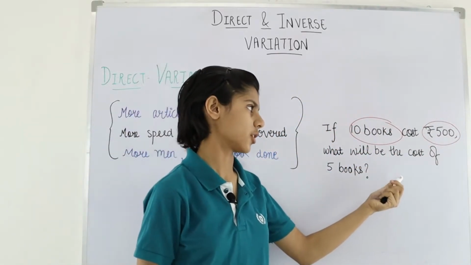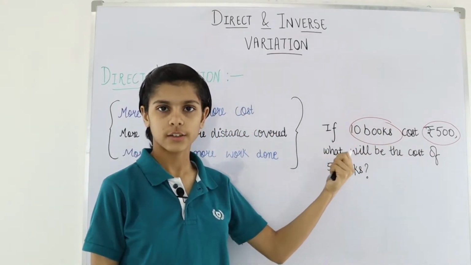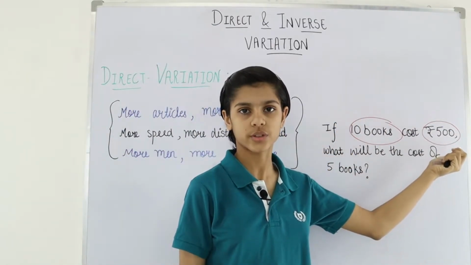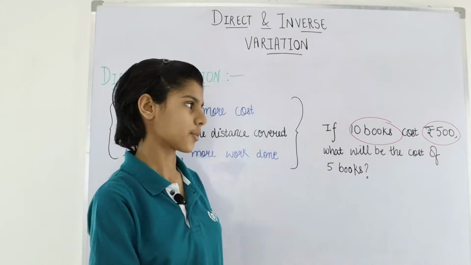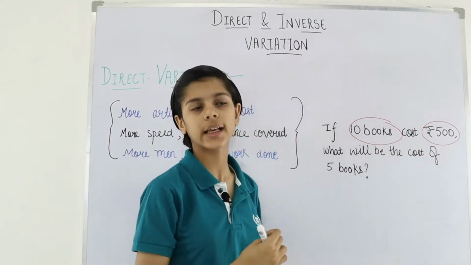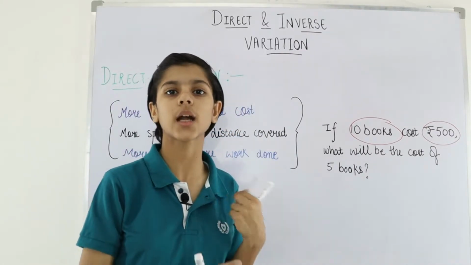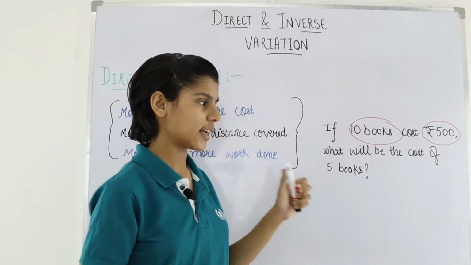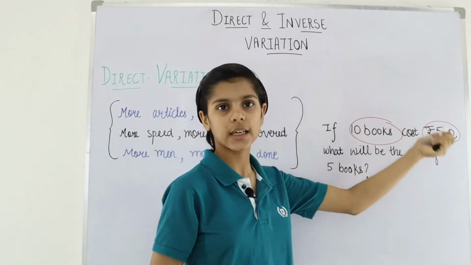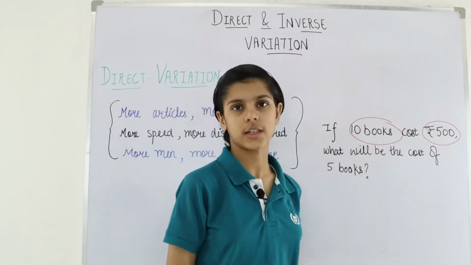In this question there are two things. One thing is books. It is given that this much books is having this cost. So these are variables. Now these both variables, we will see that they are related directly or inversely. Inversely means they are opposite to each other, and directly means, as I have told that one is increasing, other is also increasing, and if one is decreasing, other is also decreasing.